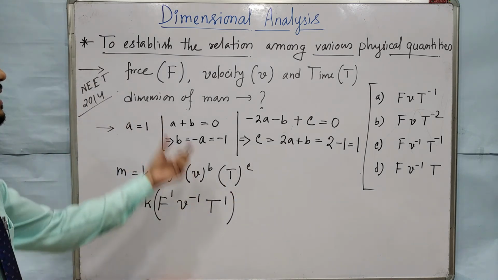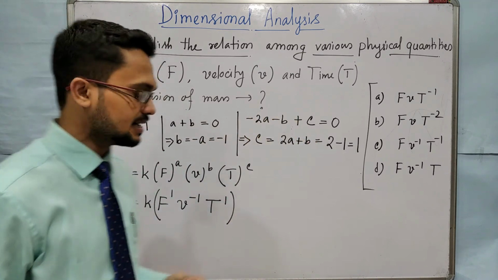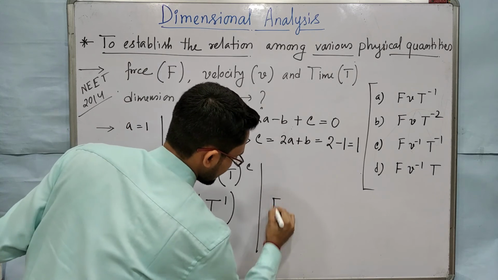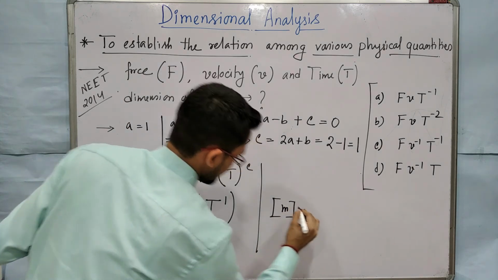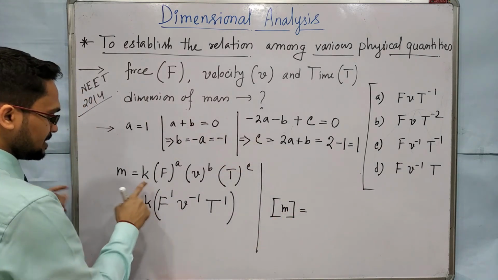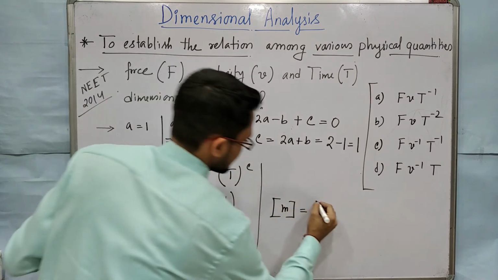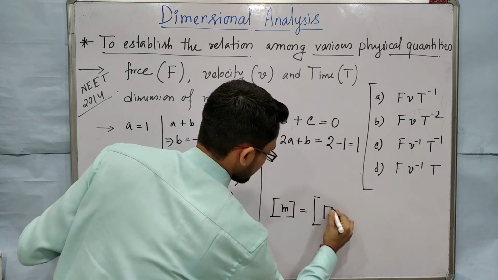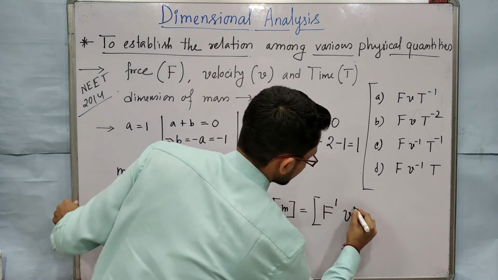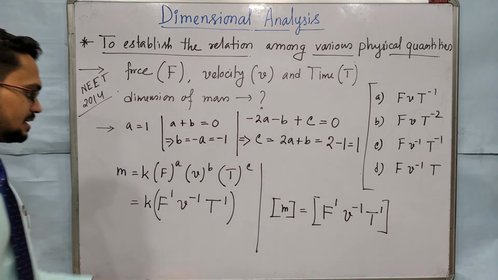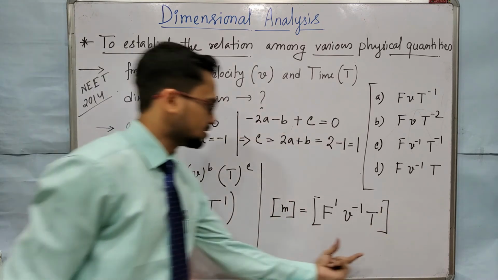And F, V, T are the fundamental quantities here. Okay, so the dimension of mass will be what? K is dimensionless, so we do not need K, only this will be the dimension. So the dimension will be F to the power 1, V to the power minus 1, T to the power 1. Understand? So this will be the answer.